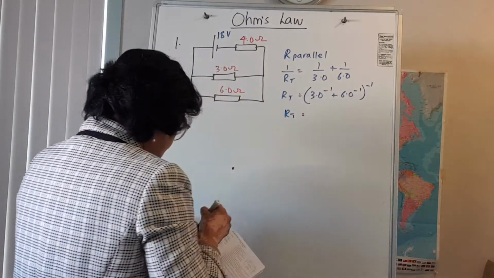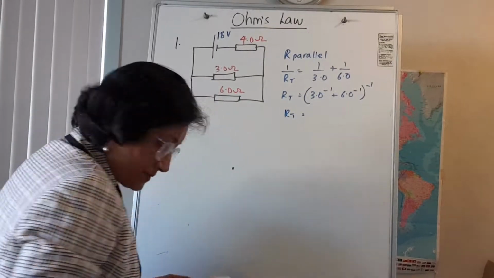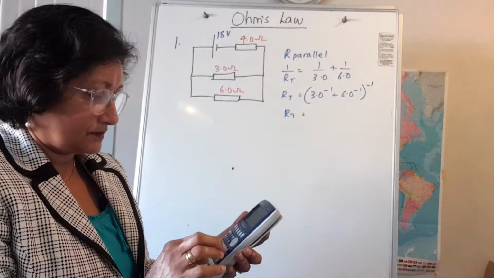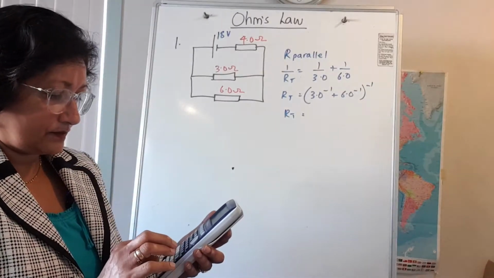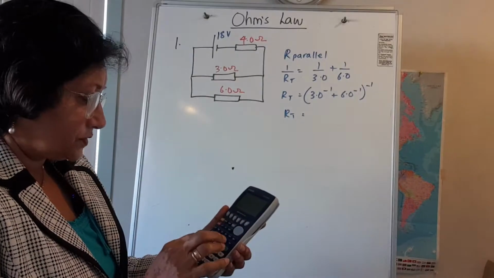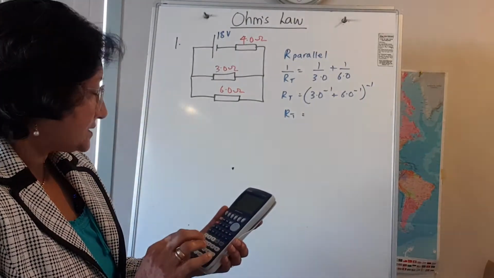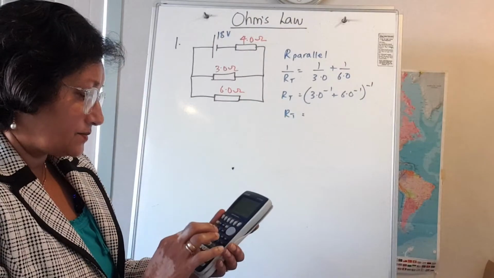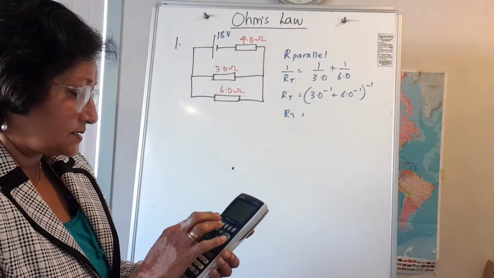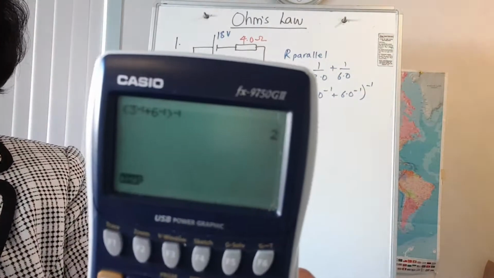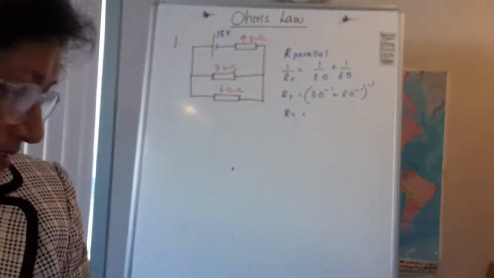On my calculator, you go open brackets, 3 exponent -1 plus 6 exponent -1, close brackets, exponent -1, equal to, and I get 2.